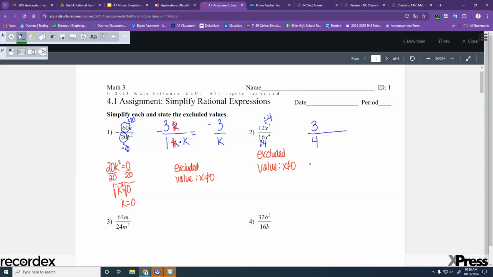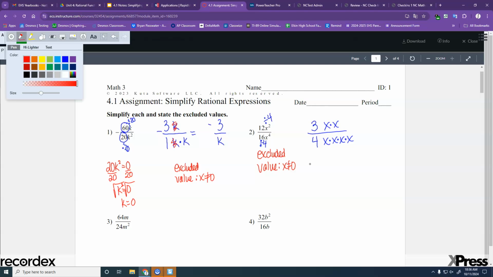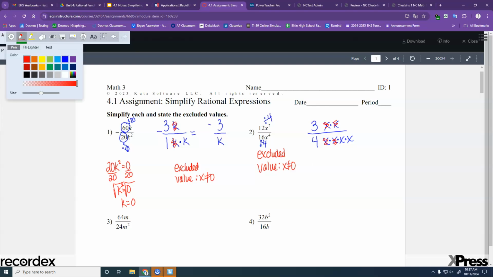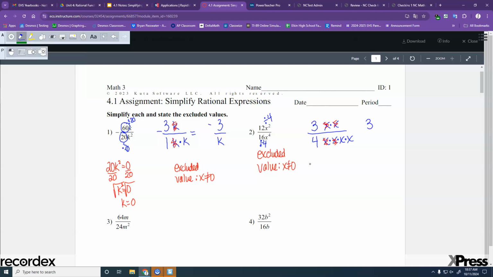It's just reducing like you would reduce a normal fraction, right? And then on top, I've got 2 x's. On the bottom, I've got 4 x's. So I'll cancel these out, and I would get 3 over 4x squared. Right there. With the excluded value of 0.